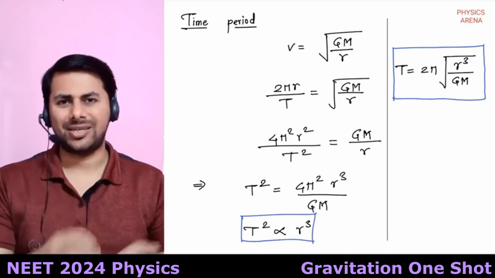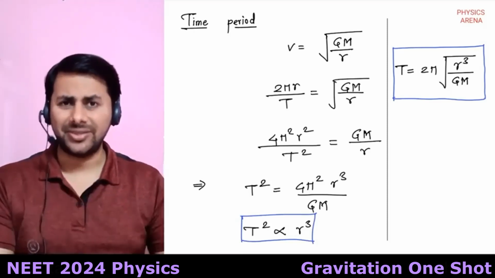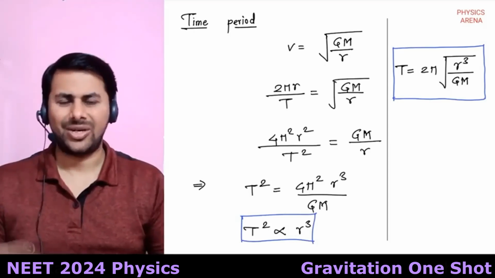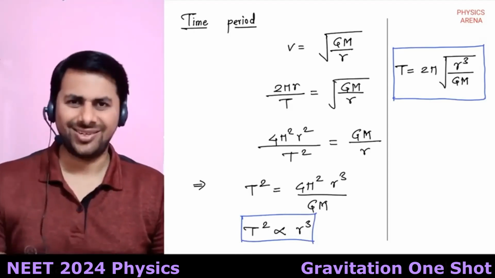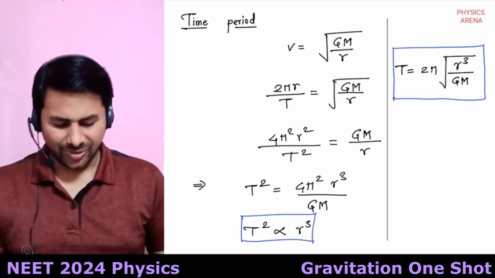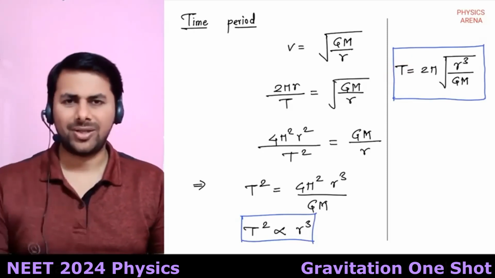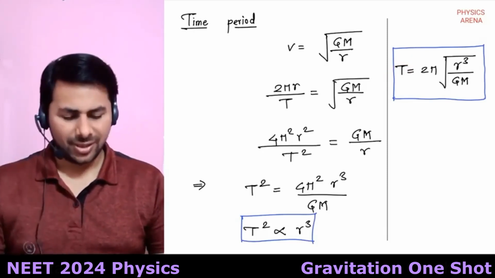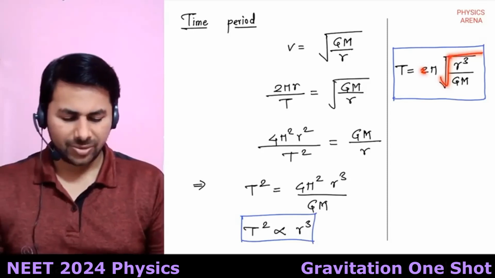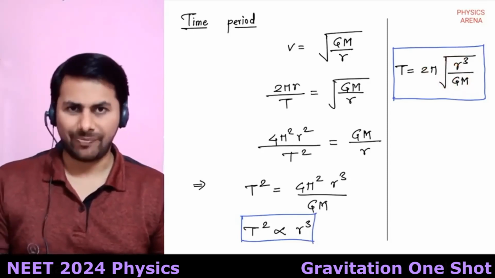Just like the moon is a satellite of Earth, we can say Earth is a satellite of the sun, or every planet is a satellite of the sun. So what will be the time period of Earth or any planet around the sun? It is 2 pi multiplied by square root of r cubed upon GM.